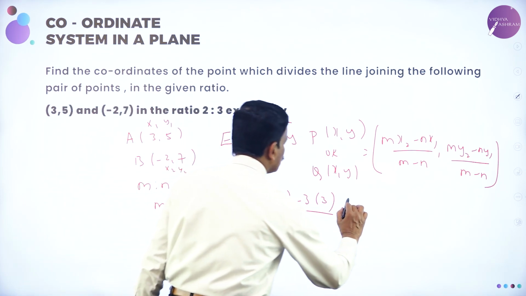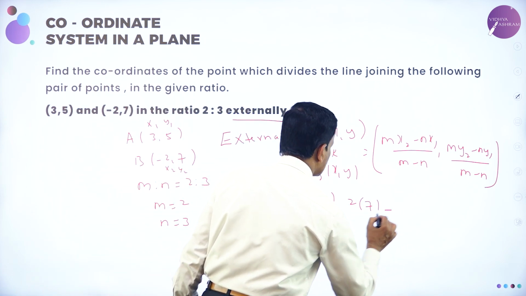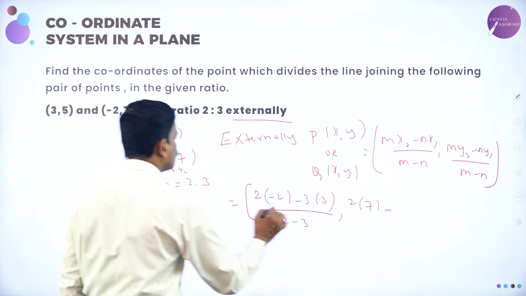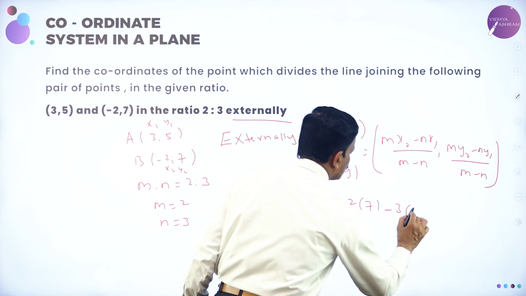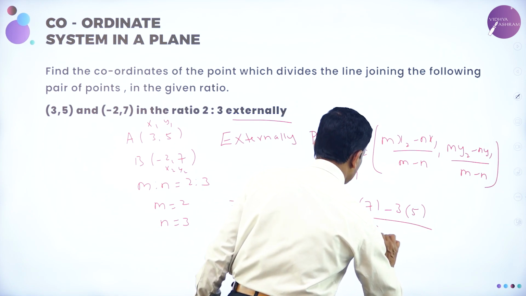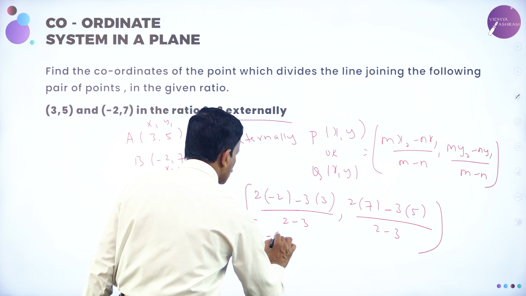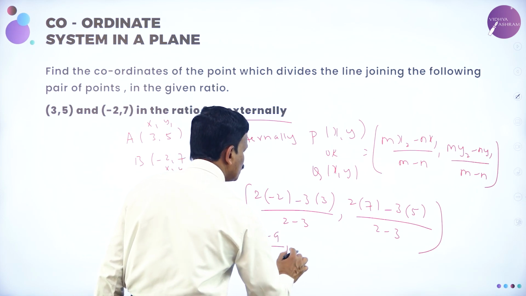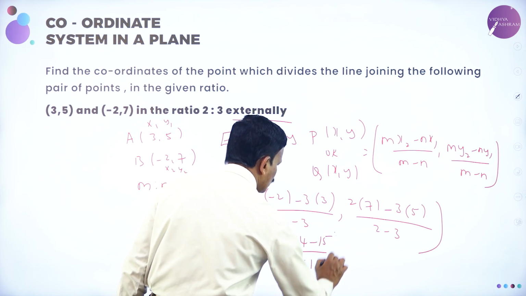Comma, m is 2 into y2. What is y2? y2 is 7, minus n is 3 into y1. What is y1? y1 is equal to 5, divided by 2 minus 3. This is equal to minus 4 minus 9 divided by minus 1, 7 2s are 14 minus 5 3s are 15 divided by minus 1.